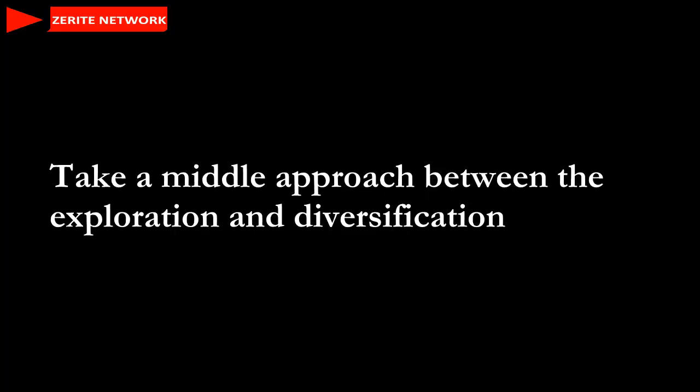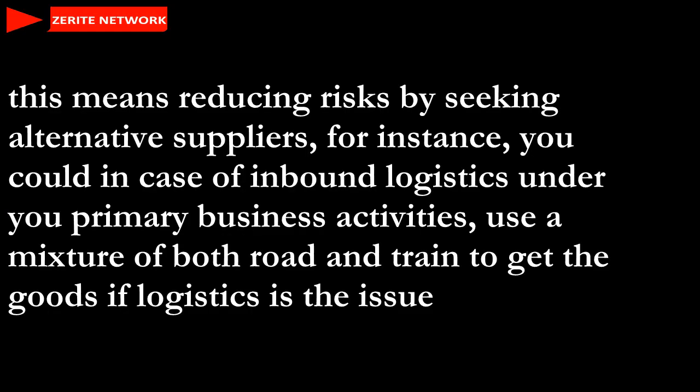So balance means taking a middle approach between exploitation and diversification. So of course the question is, what exactly do you mean by diversification, which is the third option that you have. So diversification in this case will mean reducing risks by seeking alternative suppliers. For instance, you could, in the case of inbound logistics, under your primary business activities, use a mixture of both road and train to get the goods if logistics is the issue.